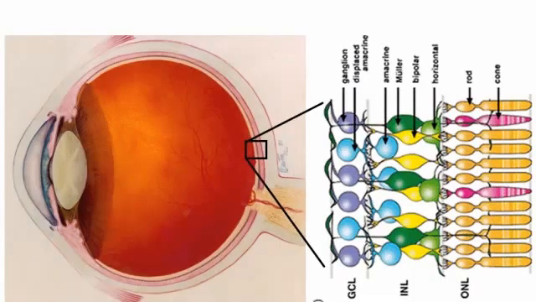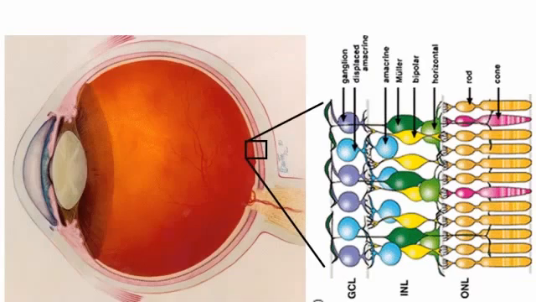The retina itself can be divided into 7 main cell types. There are the retinal ganglion cells, which are the only cells that send information to the brain. Light is in fact gathered at the very back of the eye by the rods and cones, which are shown in yellow and pink.